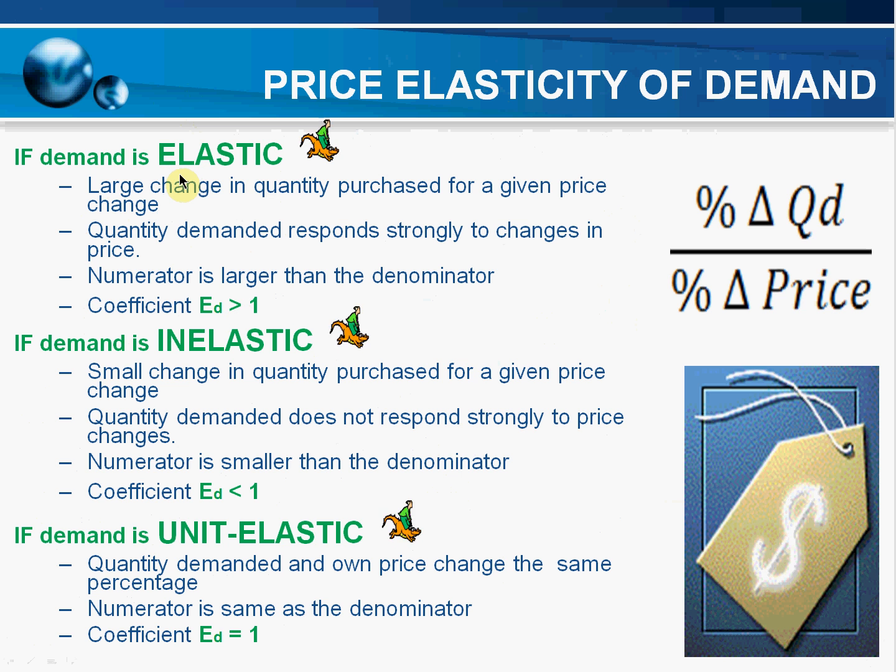Elastic means price sensitive. Anytime that price elasticity of demand equation results in something less than 1, we will call that product or service inelastic. Inelastic is weak in its price sensitivity.